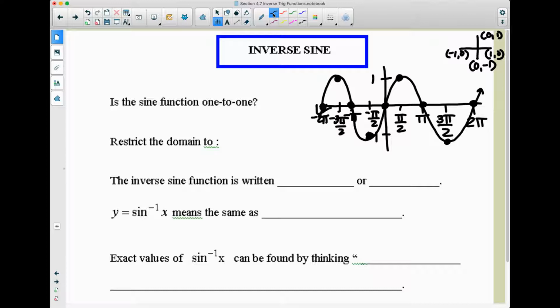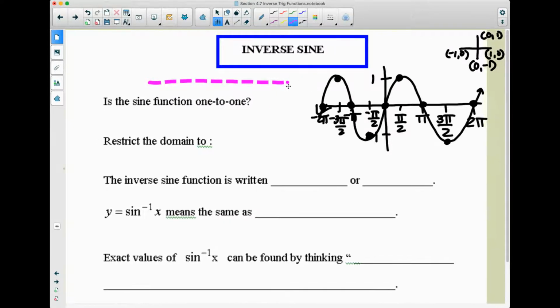All right, so we have our sine graph. If I was to take a horizontal line, if you notice, I cross here, I cross here, I cross here, I cross here.